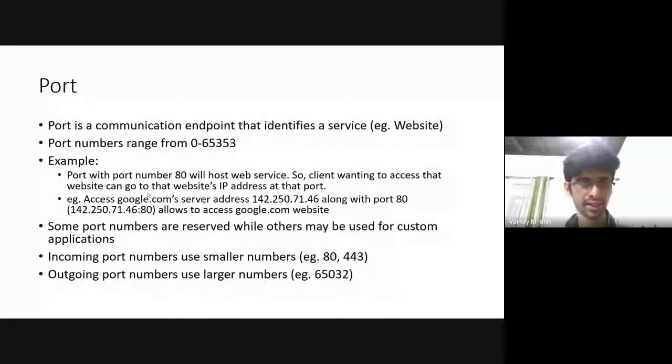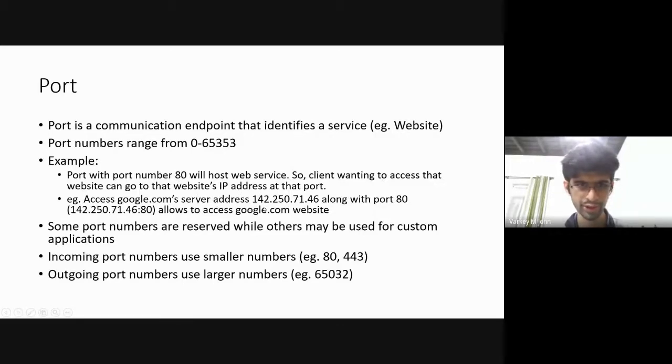For example, port number 80 is used for hosting web services. It's HTTP, which is not a very secure web service port. So assume there's a website with port 80. Let's say google.com.